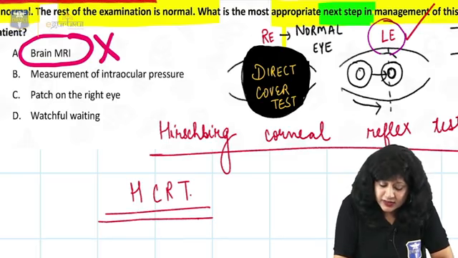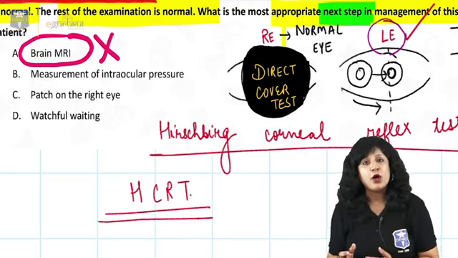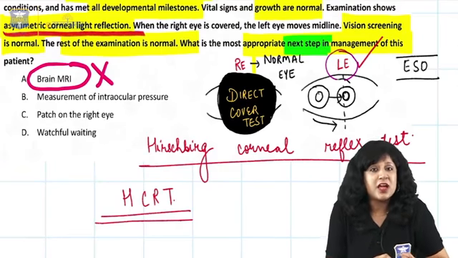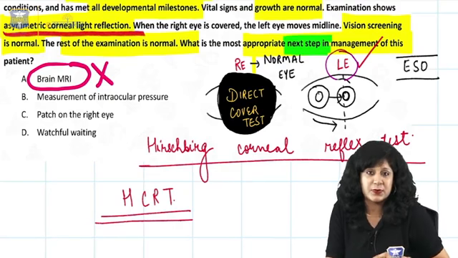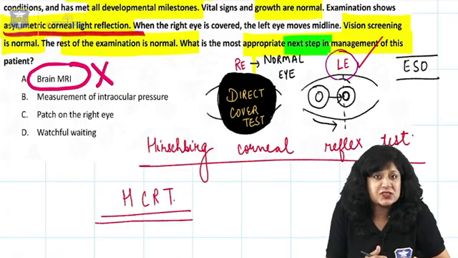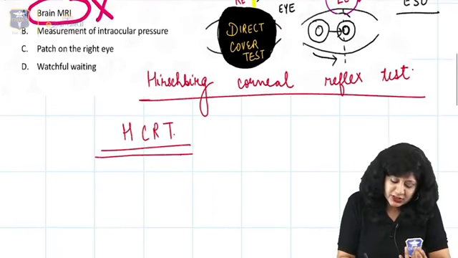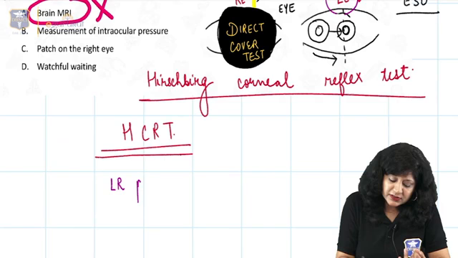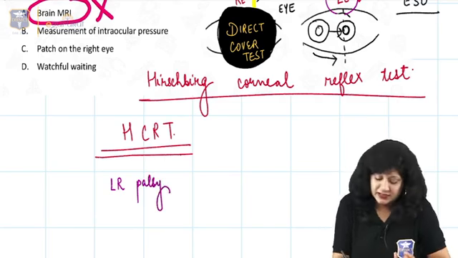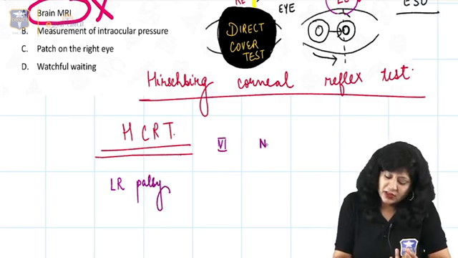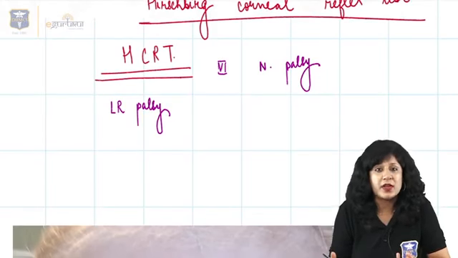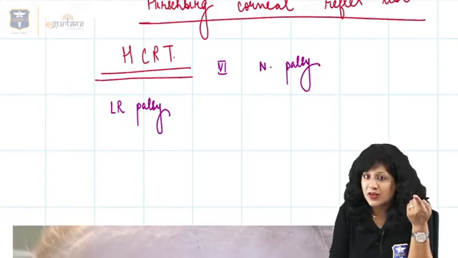No, it is not the next best step that you can go for, because always you have to first examine the patient, and try to find out what is the palsy that is present in the patient. Like this patient is having the intermittent convergent squint, and you know mostly the convergent squint is due to the lateral rectus palsy. The most common palsy that you are getting as isolated nerve palsy is the sixth nerve palsy, and due to this sixth nerve palsy, you are getting the palsy of the lateral rectus.